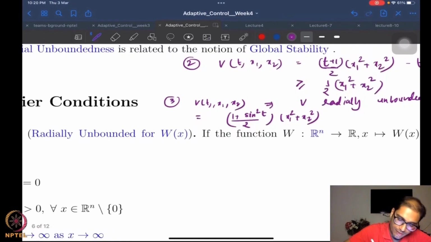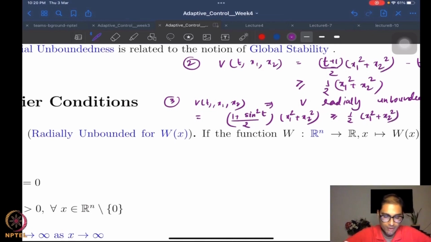So this is again greater than or equal to half (x1 squared plus x2 squared), because sine squared t is of course greater than or equal to 0. So this is fine, and this is radially unbounded. But what this term is expected to do is to make things oscillate around a bit.